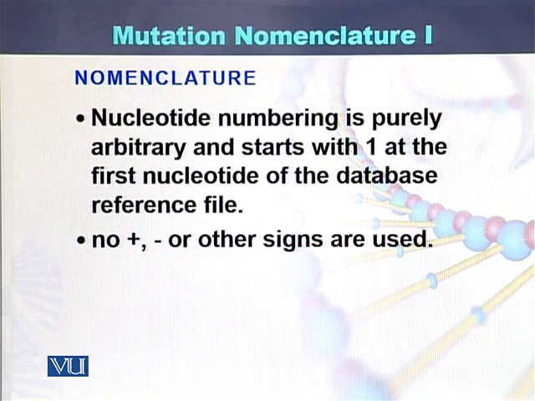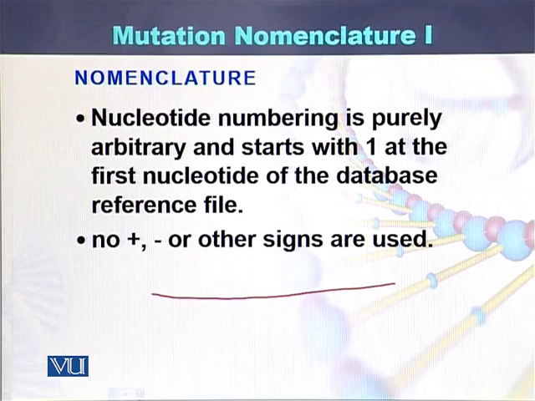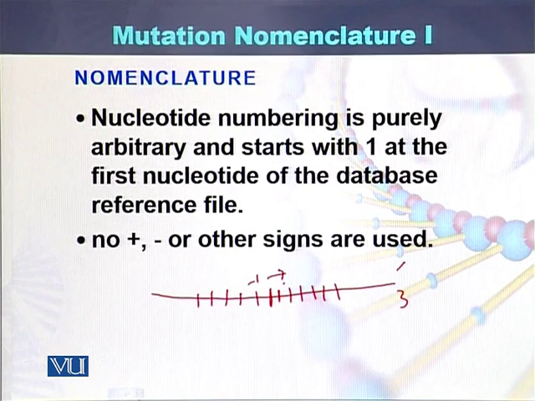Nucleotide numbering is purely arbitrary. It starts from 1. There is no nucleotide 0, as we have seen in the sequence of the gene, that if the gene starts from here towards this direction, towards the 3' end, it will start by 1, 2, 3, 4, 5, 6, while on the other hand, it starts as -1, -2, -3, -4, -5.